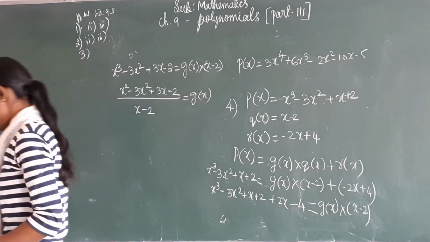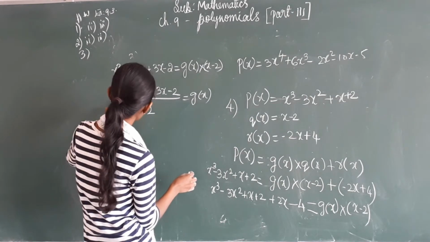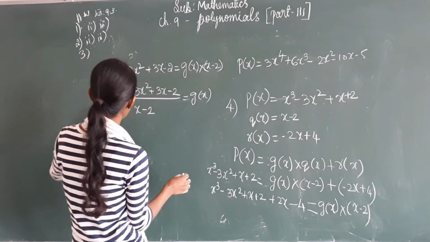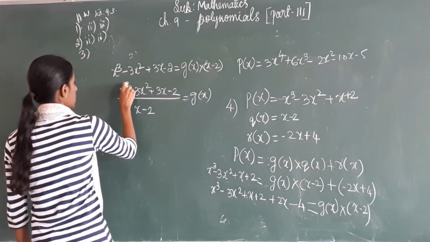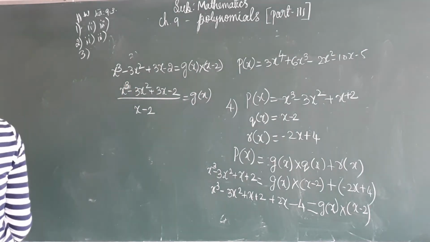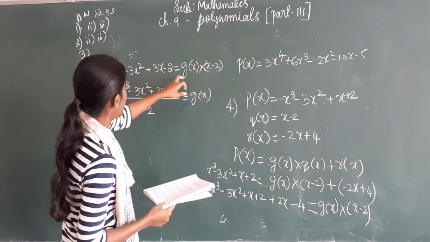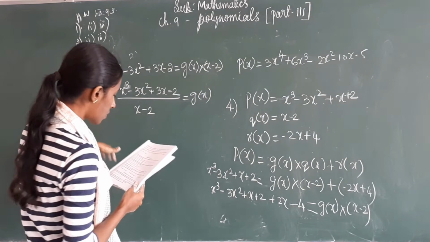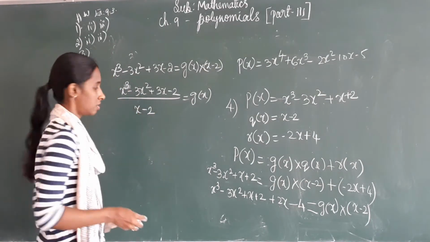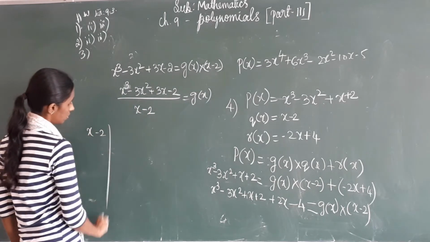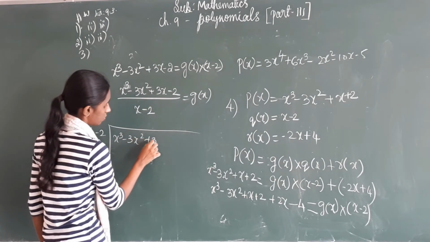So g of x is x cube minus 3x square plus 3x minus 2 divided by x minus 2. Now do the division method: x minus 2 into x cube minus 3x square plus 3x minus 2.